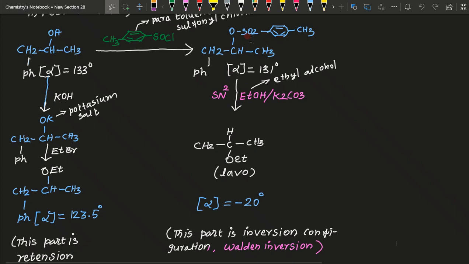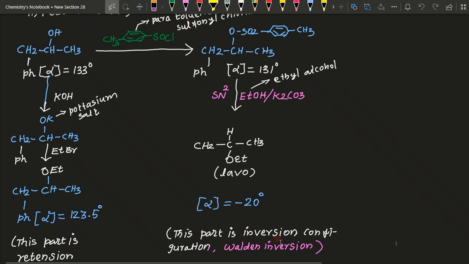This molecule, when treated in an SN2 reaction with ethyl alcohol, EtOH, and K2CO3, gives the levo form. This specific rotation is minus 20 degrees.